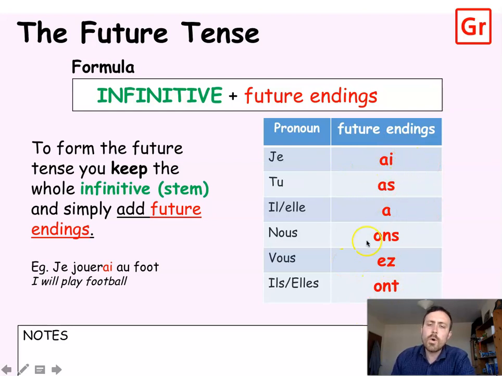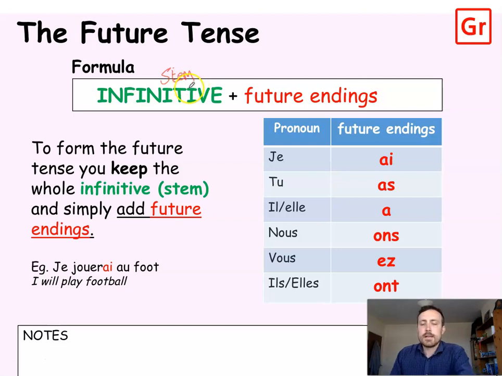These endings are always going to be the same, regardless of whether it's a regular or an irregular verb. What's going to change is the infinitive. The first part, this part, is going to be slightly different for irregular verbs. This part is also called the stem of the verb, because a stem is a part of a verb that doesn't yet have an ending on it.